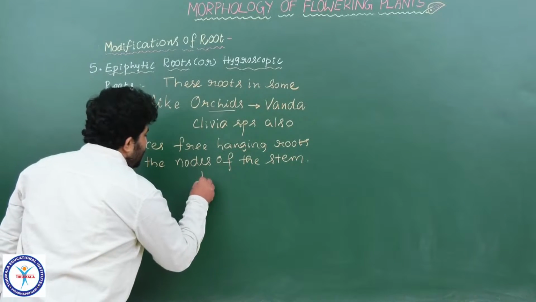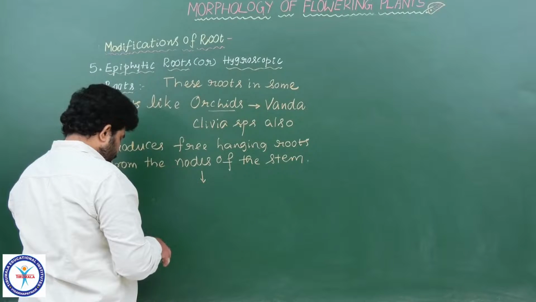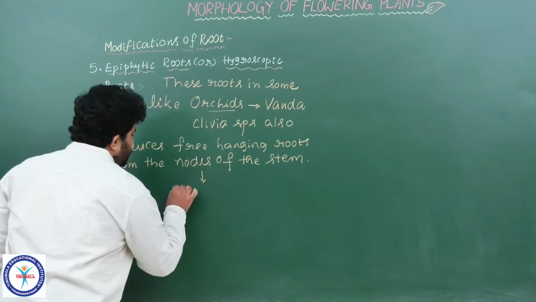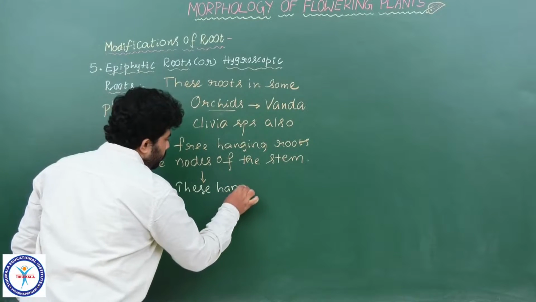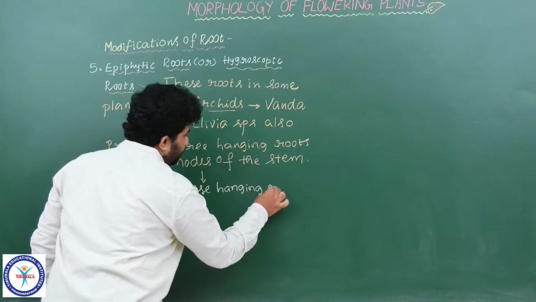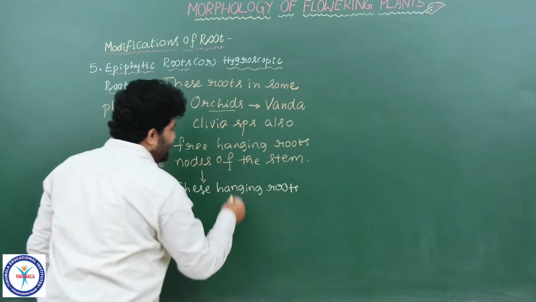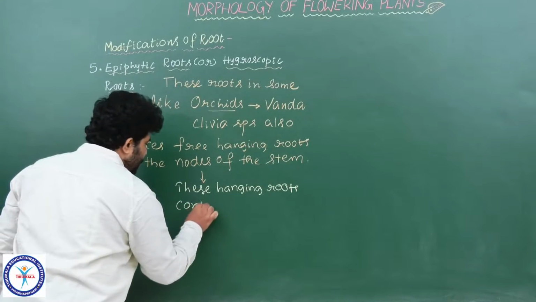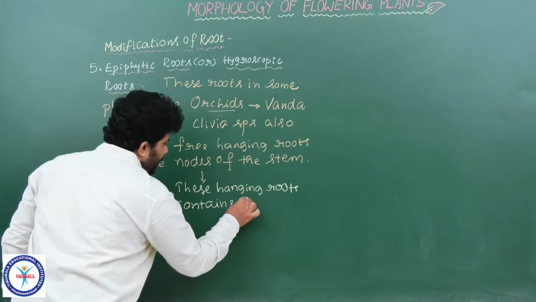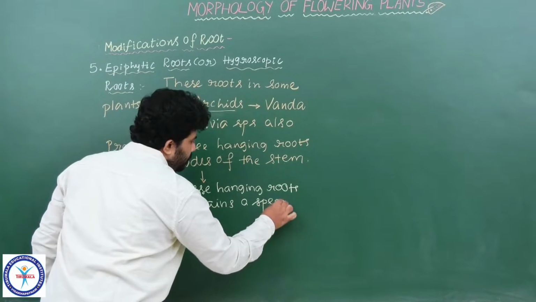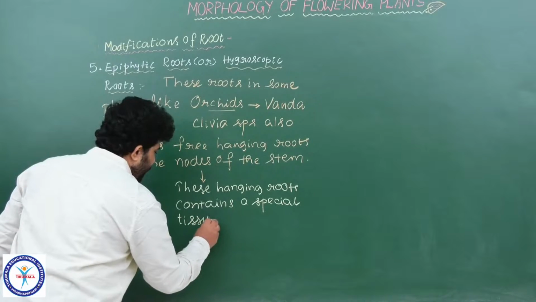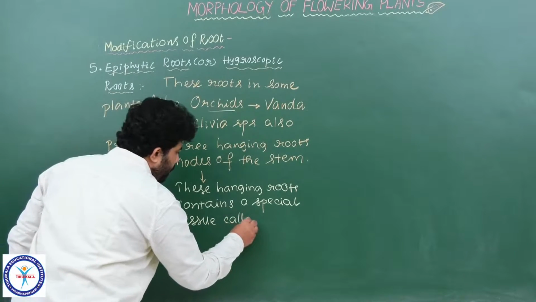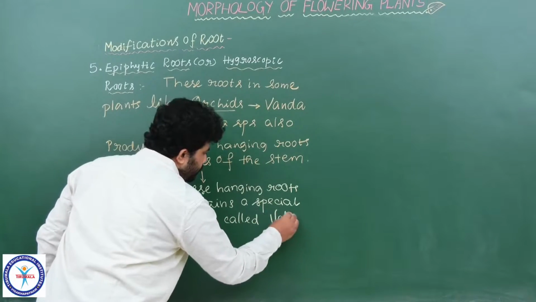These hanging roots contain a special tissue called velamen tissue.